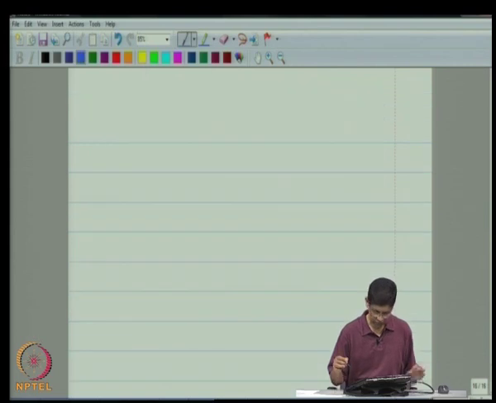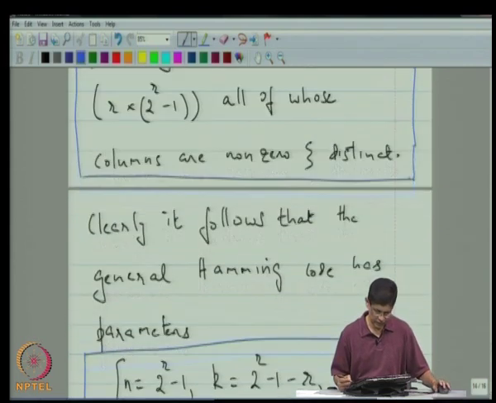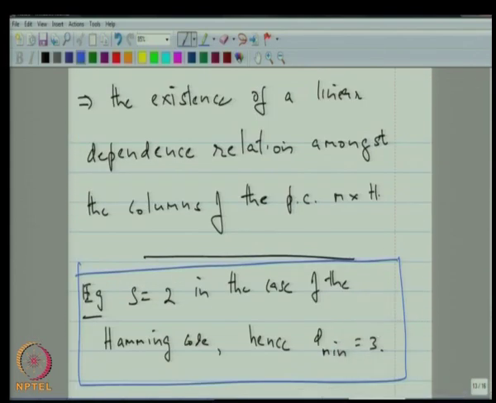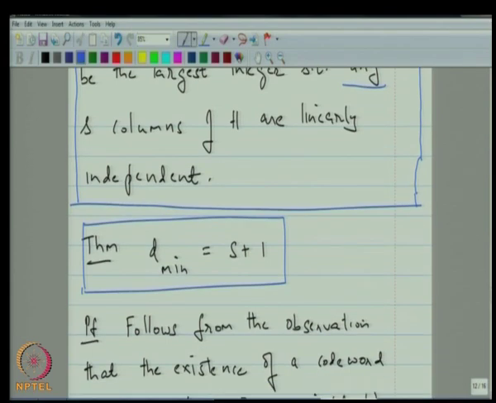Now, this observation about the minimum distance of a code being equal to s plus 1, where s is the largest integer such that any s columns of H are linearly independent, leads to a bound which is called the singleton bound.